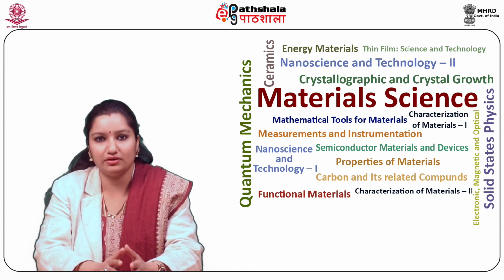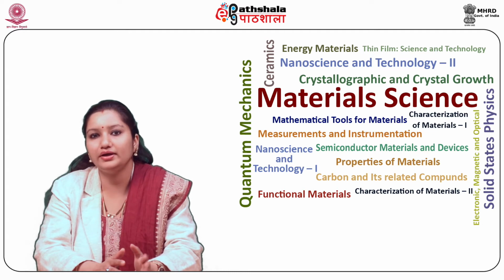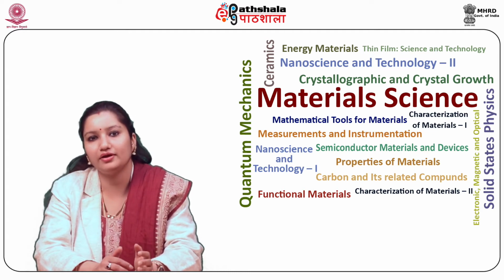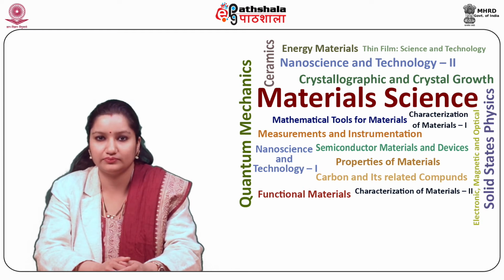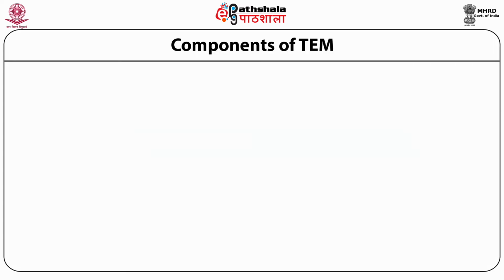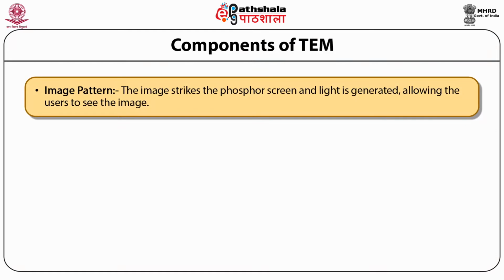Then there is a screen. Imaging systems in a TEM consist of a phosphor screen which may be made of fine 10 to 100 micrometer particulate zinc sulfide for direct observation by the operator. The last one is the image pattern. The image strikes the phosphor screen and light is generated, allowing the users to see the image.